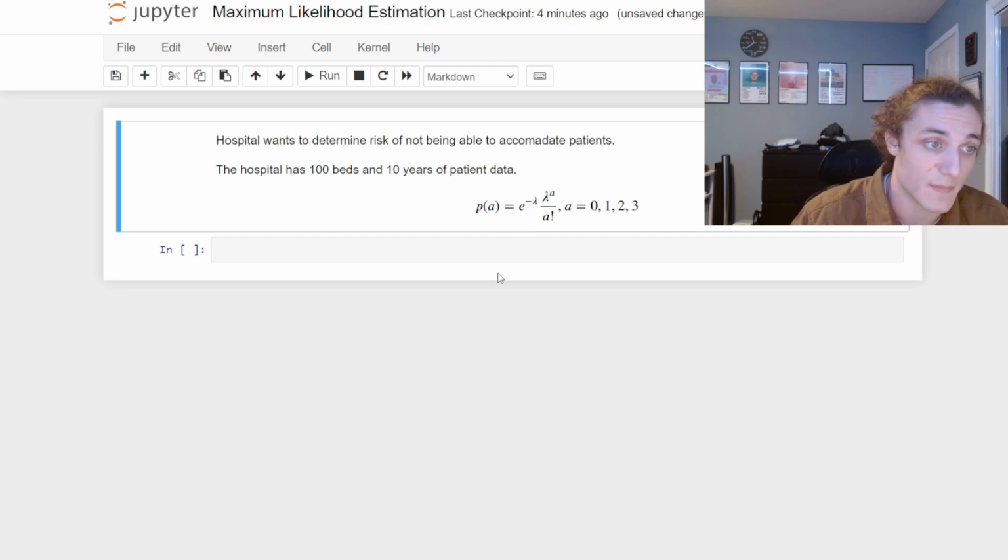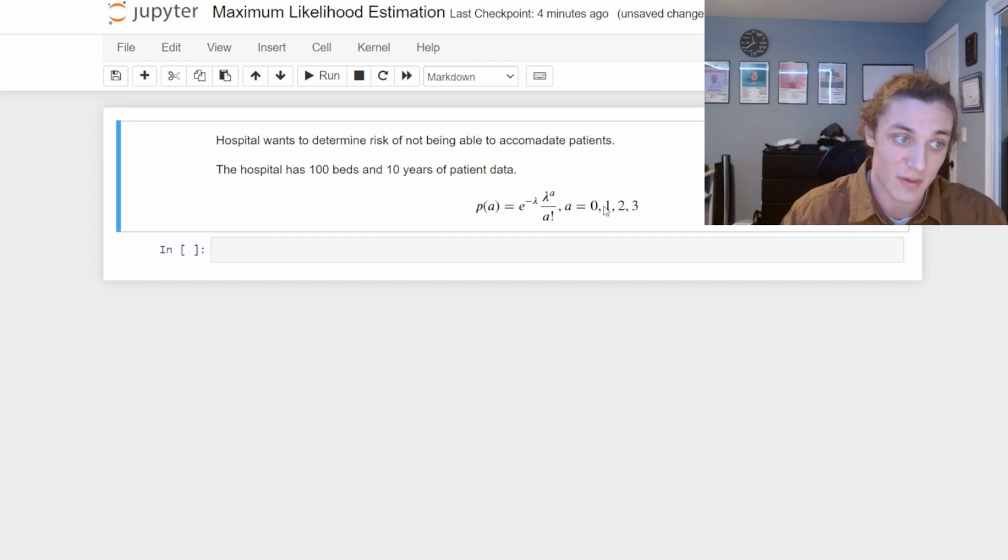In other words, if we have one patient showing up in a day, then if we plug 1 into this formula, we get that corresponding probability.